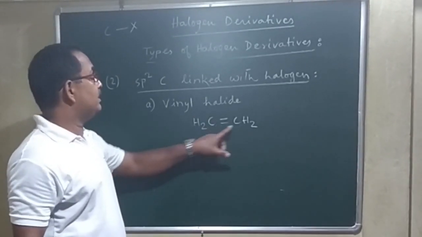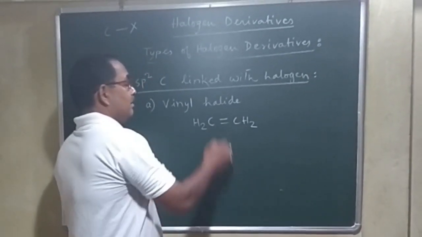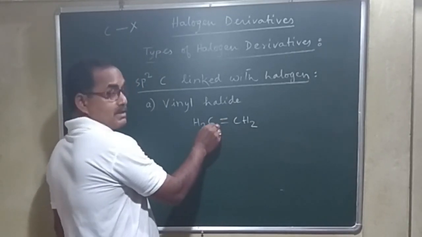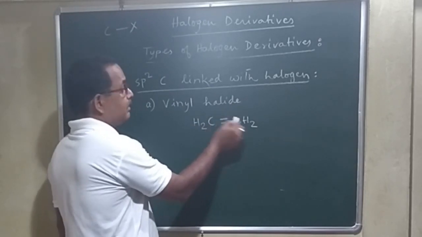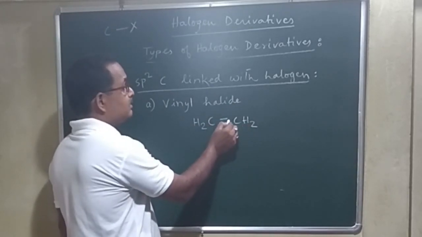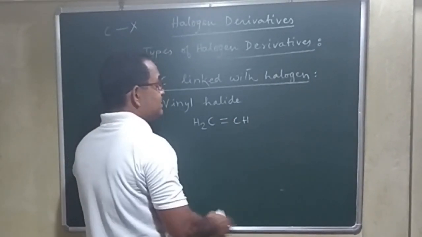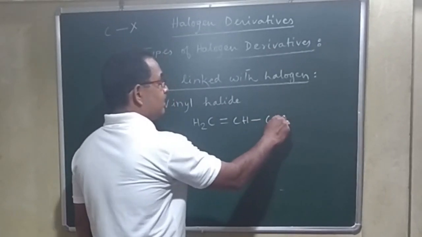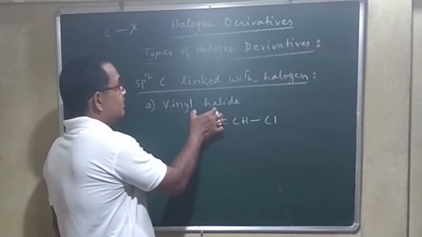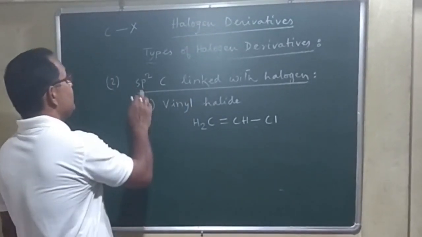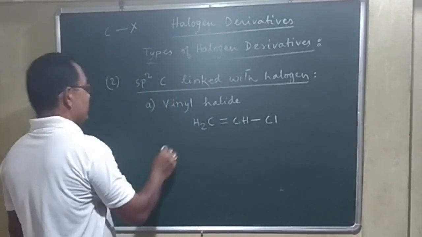If this is carbon number 1, this is carbon number 2. Now, state of hybridization of this carbon is sp2. We are examining. There are 3 sigma bonds and 1 pi bond. Here also 2 plus 1, 3 sigma bonds and a pi bond. Now, if one hydrogen is replaced here by chlorine, either in this side or in this side, this will be vinyl halide.